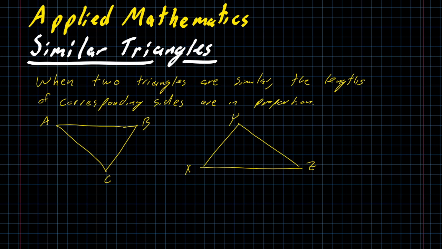And I am told in this situation that triangle ABC, I don't remember if I talked about that in the previous video or not. Triangle ABC, I literally draw a triangle to say I'm talking about a triangle. Similar is a tilde. Triangle ABC is similar to triangle ZXY.